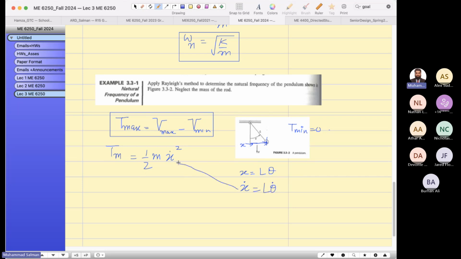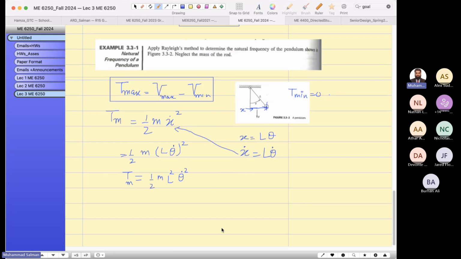If you plug this over here, I can write L theta dot squared, so T equals half m L squared theta dot squared, and then the potential energy.